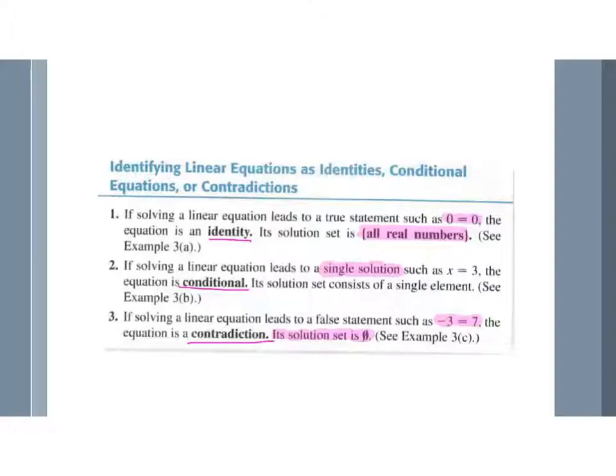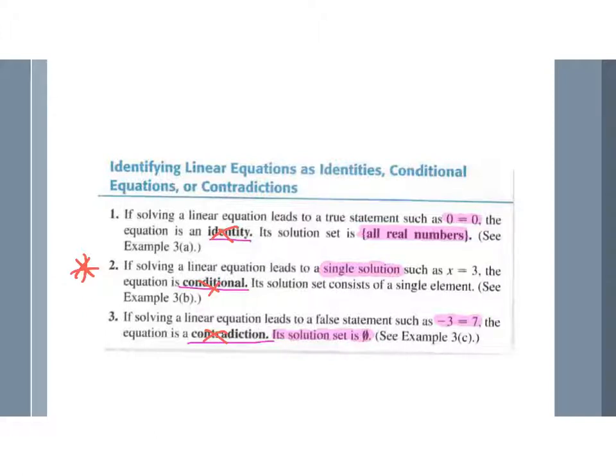All right, here's the special cases now, because you have one of these in the homework. So now we've already talked about option 2 here. When we solve a linear equation for x and we get x equals some number, that's a single solution. Now, you're not going to have to identify something as an identity, conditional, contradiction.